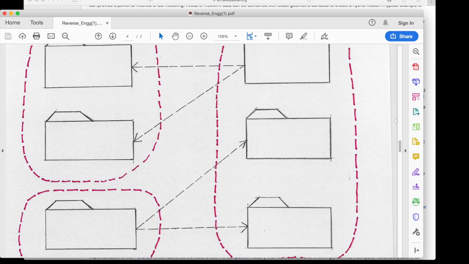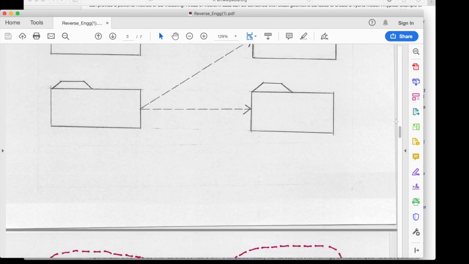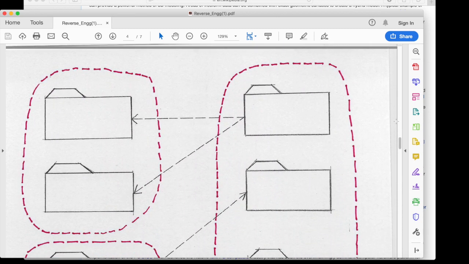Okay, and your principle of cohesion comes in. Why did I put a boundary between these two packages here? So your logic will be to determine what is the relation between these two packages. Are they strongly related? Are they helping each other to perform a function? Then if they are, then you put a boundary around it.